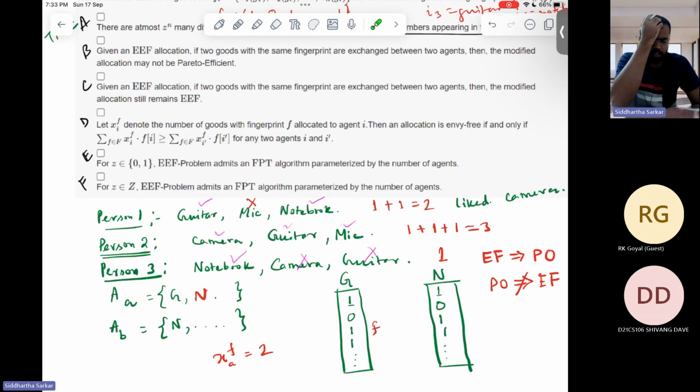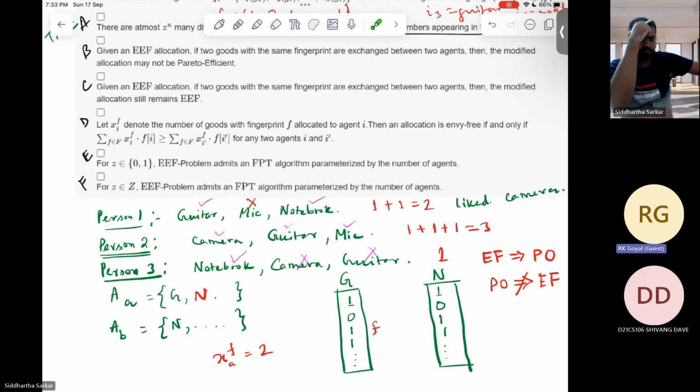F is a fingerprint. They have used i for two things. Here i stands for the agent, for two agents i and i'. So f of i is for the agent i.